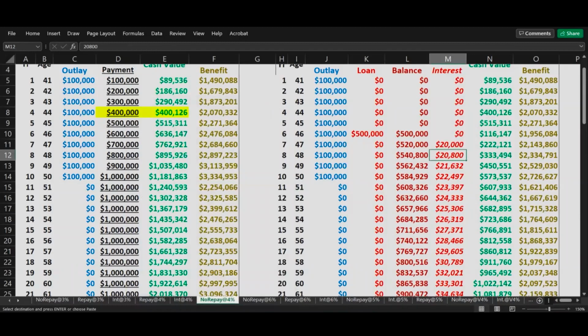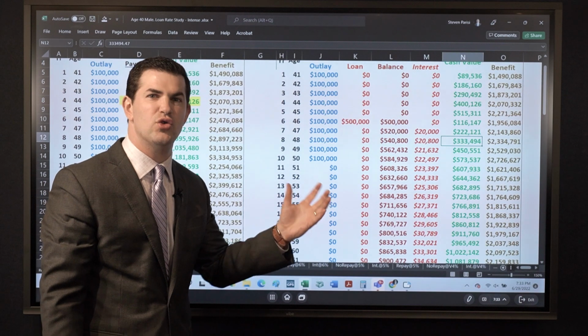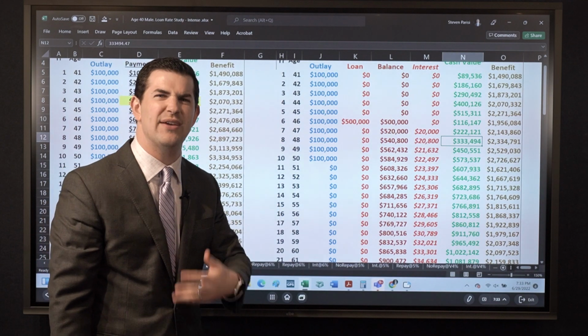So my loan balance accrues to $520,000. I don't pay the loan interest. What'll then happen, the policy will take a loan against itself to cover the loan interest. So the policy is going to pay for that loan interest. It's going to borrow against the cash value to do this.